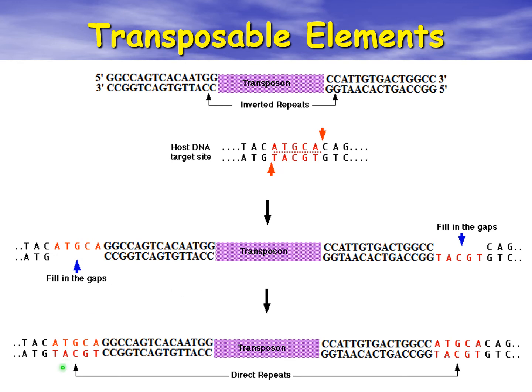We fill in the gaps here, and now I have moved or inserted this transposon into a different area. And we wind up then with direct repeats. So we have ATGCA. If we go to the other end, the same thing, ATGCA. They are being read in the same direction on the same side.